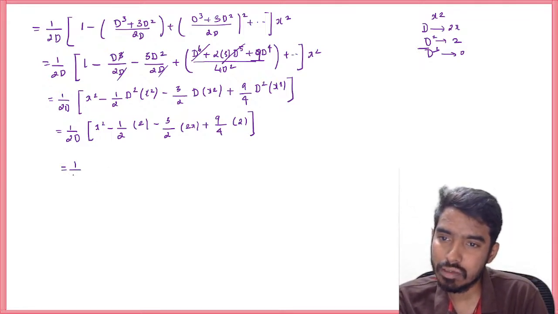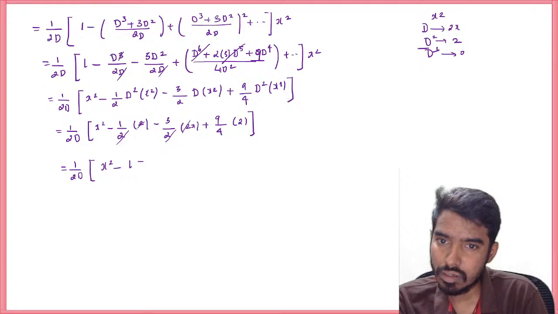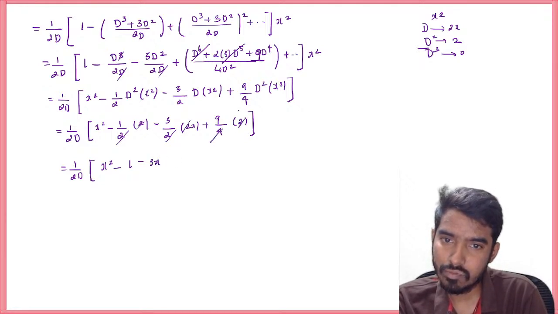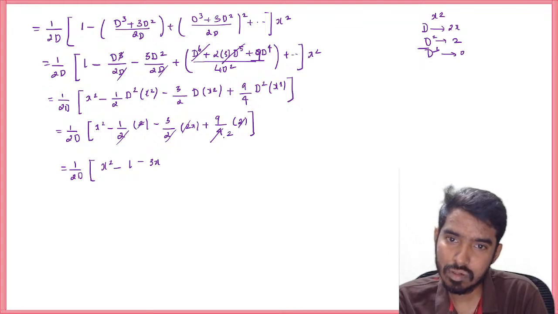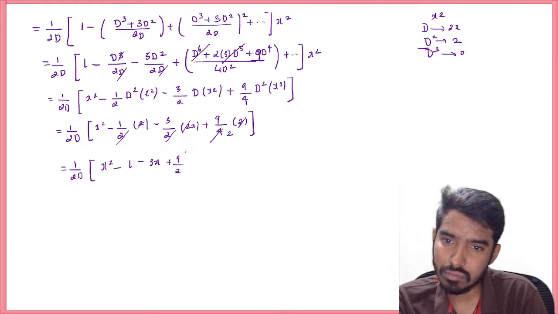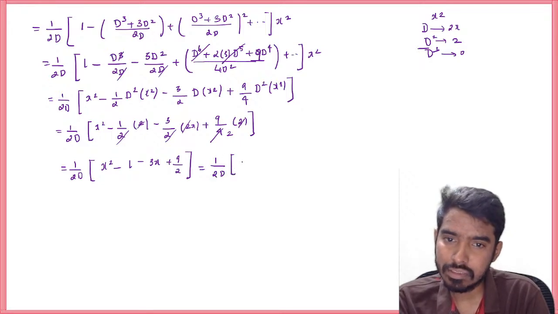So this will be 1 by 2D x square minus 1 minus 3 into x is 3x, plus 9 by 2. So this will be 1 by 2D x square minus 3x minus 1 plus 9 by 2.